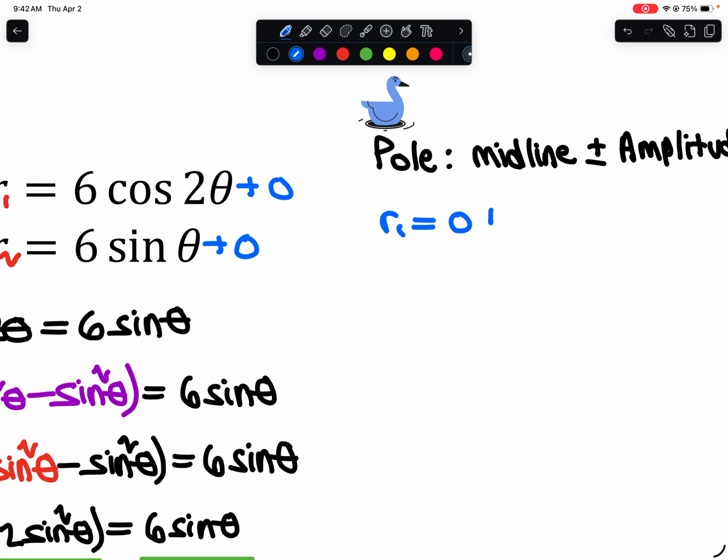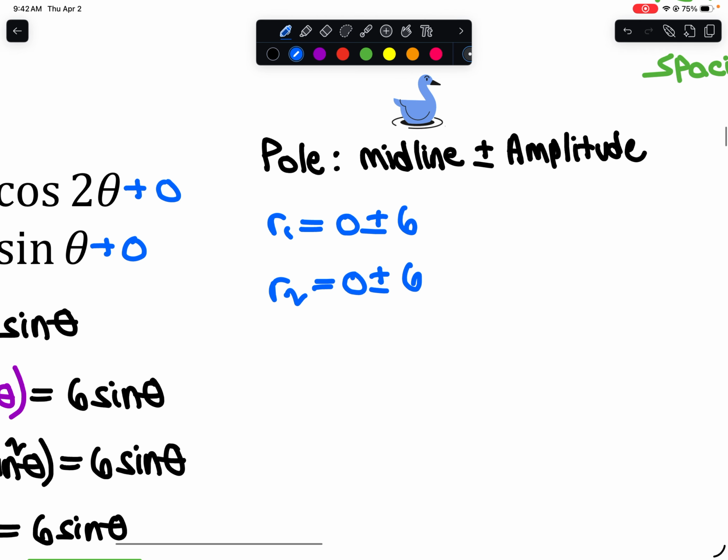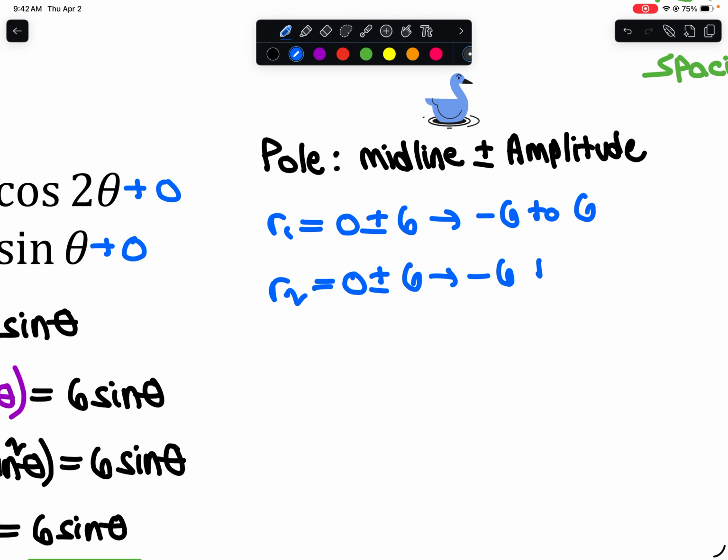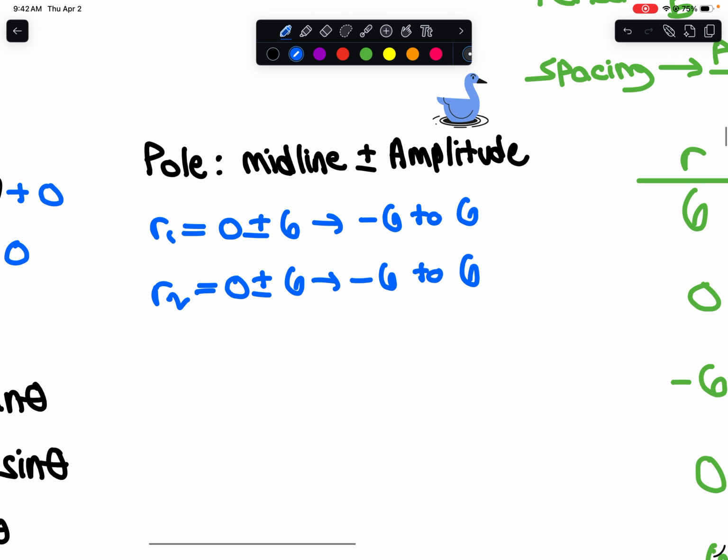So it's going to be 0 plus or minus 6 for both equations, which means we're going to go from negative 6 to positive 6 for both of these, which means 0 is included in both of those, which means the pole is going to be a solution.